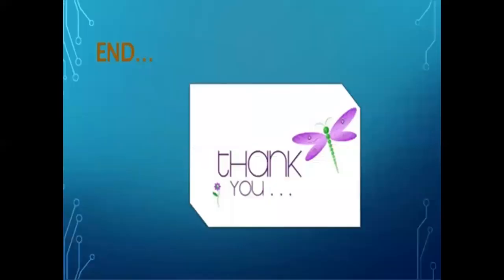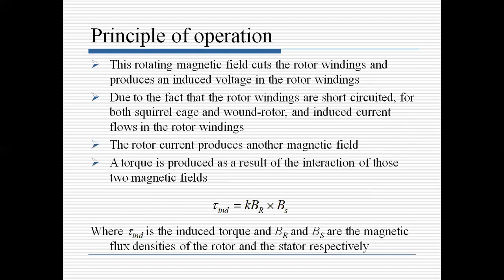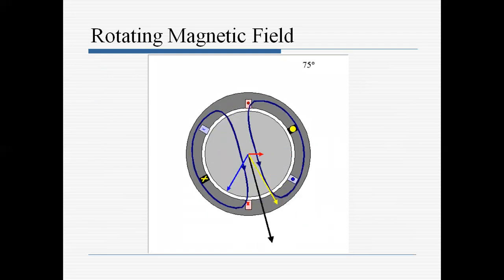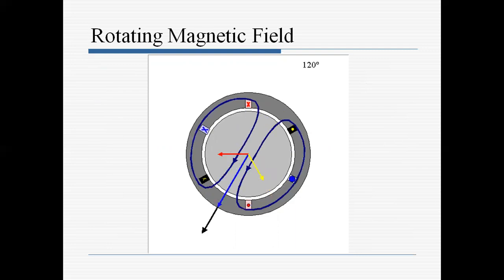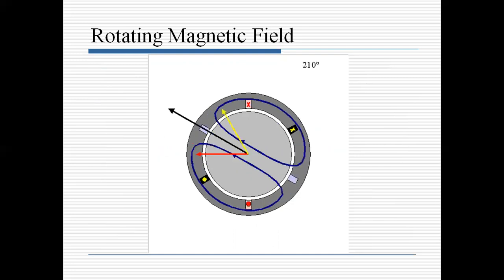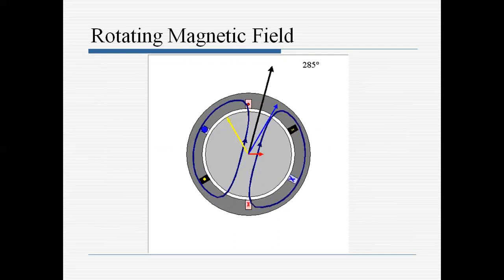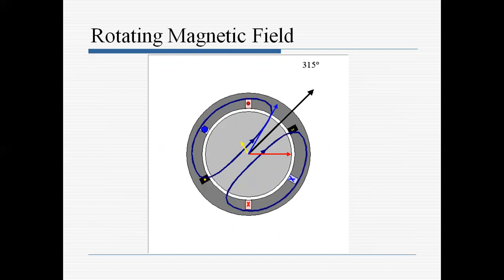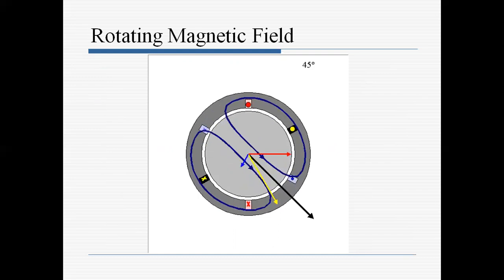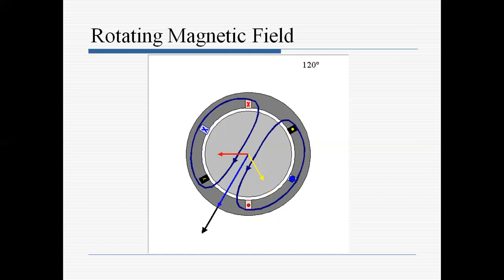So the rotating magnetic field is the only thing responsible for the rotation of the rotor. The first main objective was discussing the construction in detail, and the second objective is the principle of operation. Our construction says we have two kinds of induction motors.